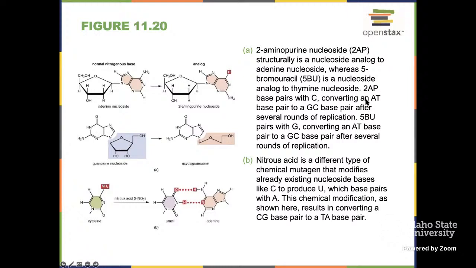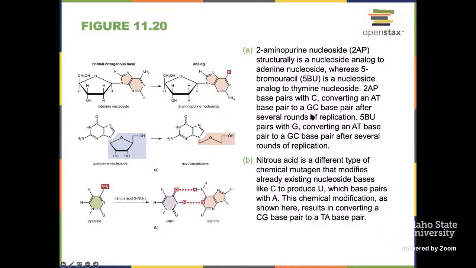After a couple of rounds of replication, separating the DNA and creating the daughter sequence, a semi-conservative process, after a few rounds of this, we have converted it, and now we have a base pair that's GC instead of AT. The opposite over here with the 5-bromouracil, it pairs with the guanines and converts an AT to a GC.